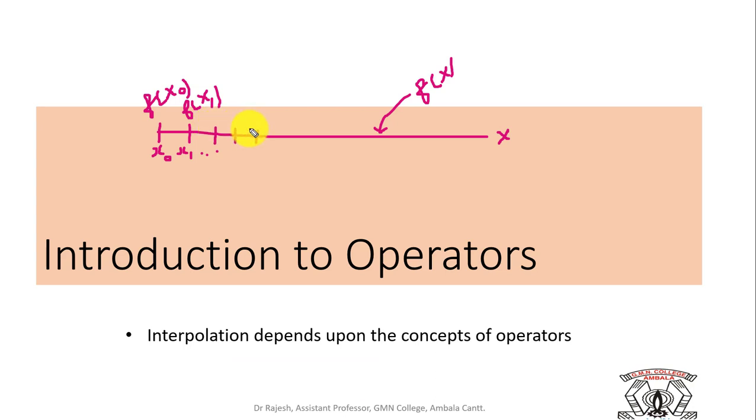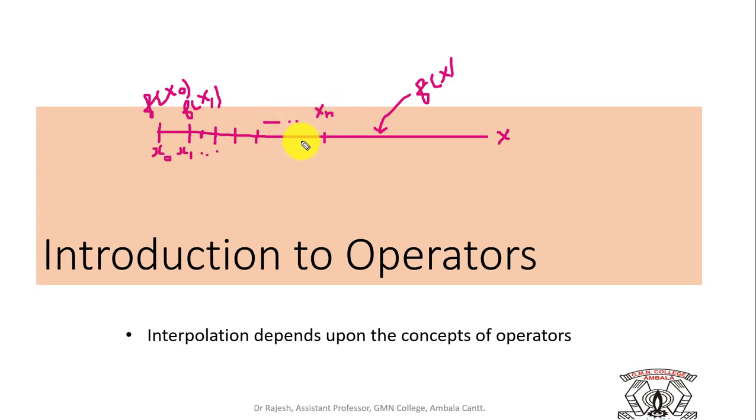So what is interpolation? Now try to understand the concept of interpolation. If we are required to find the value of the function at any intermediate point, and say we continue like that, and here is the last point, say this point is xn.